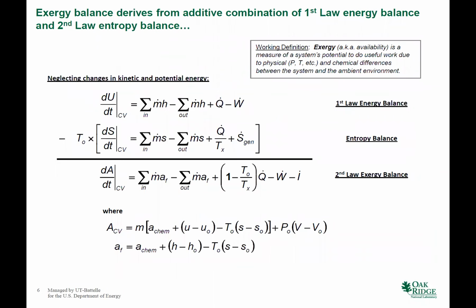And setting up basically the exergy balance right here, they're using the term availability, so that's why you see the A, but that's still exergy, the same thing. So they have, again, conservation of energy, entropy balance, and then here's where you see the exergy balance.